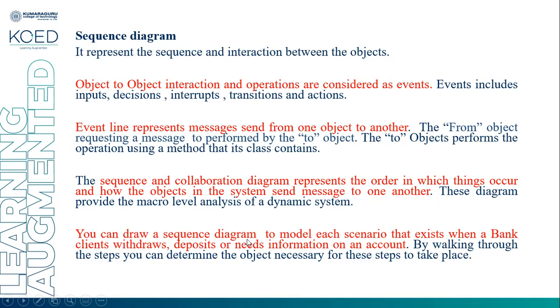You can draw the sequence diagram to model each scenario that exists when the bank client withdraws, deposits, or needs information about an account. By walking through the steps, you can determine the objects necessary for the steps to take place.